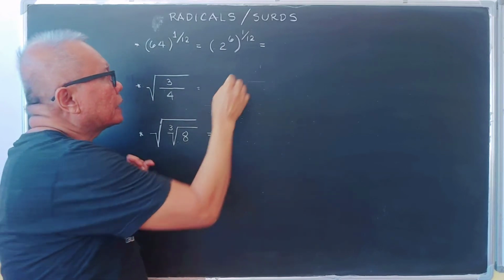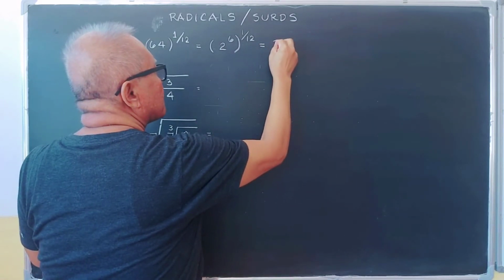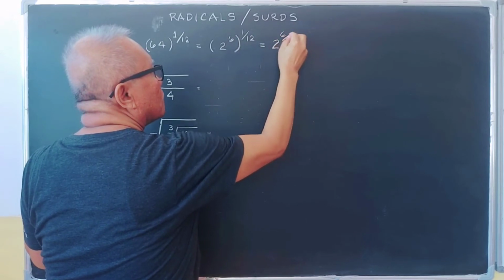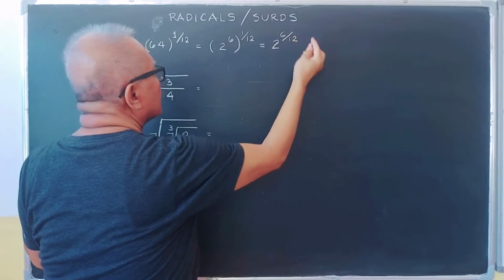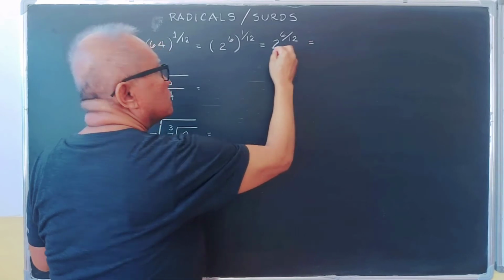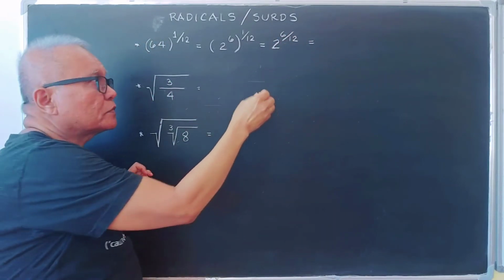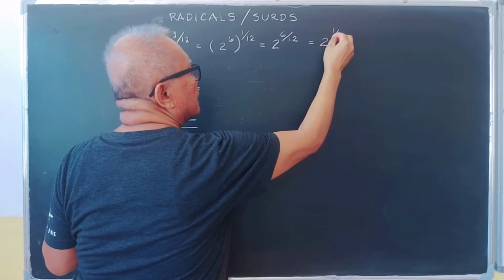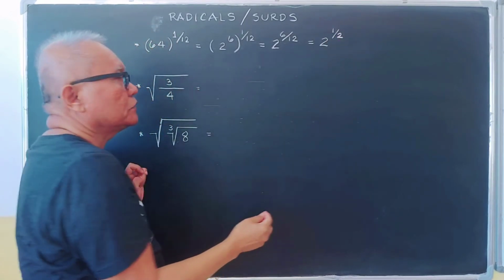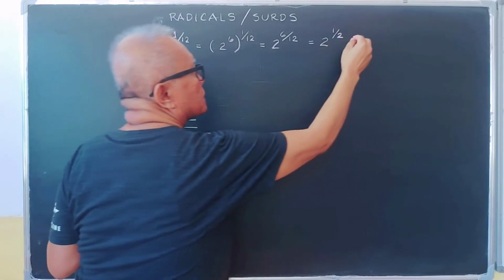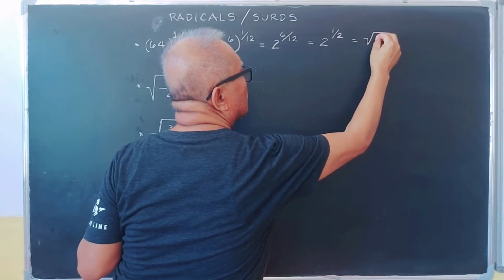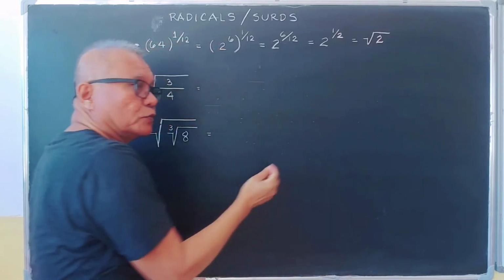We multiply. So this one is actually 6 times 1 is 6 over 12, and then that 2 to the 6 over 12, lowest term of 6 over 12 is 2 to the 1/2. And 2 to the 1/2, in radical form, is the square root of 2.